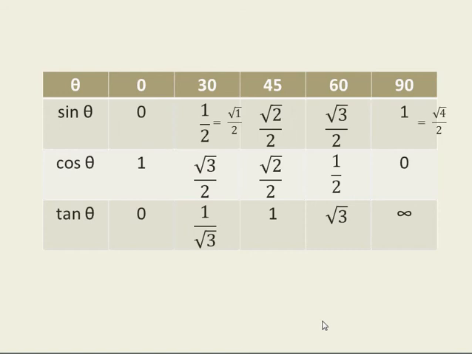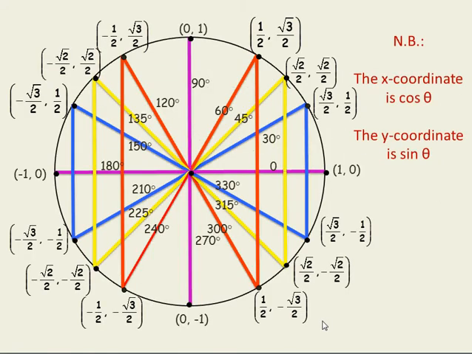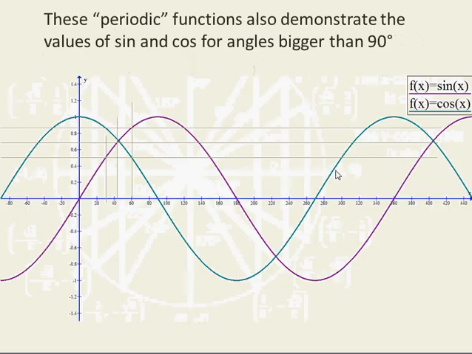The next step you'll have to do, this is just a quick preview, is angles bigger than 90, and you can see when you go around a circle with other angles you can do the same thing. But if you look at these numbers here, they remind you of something. Yeah, and look, they're the same values over here. Maybe they're negative, but always the same values. So that's something you'll come across a bit later.